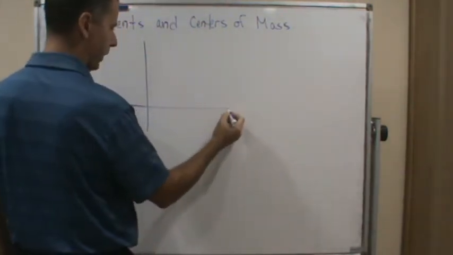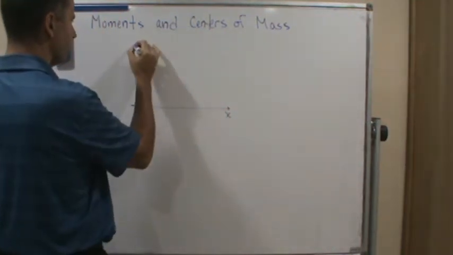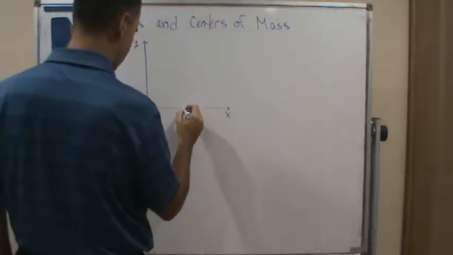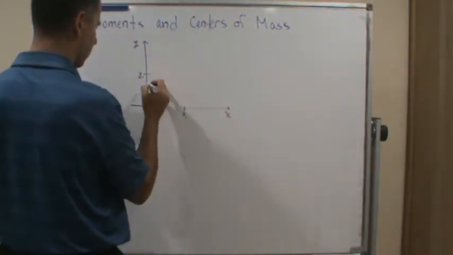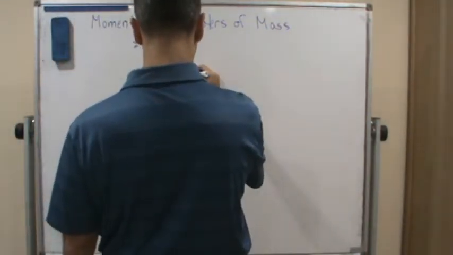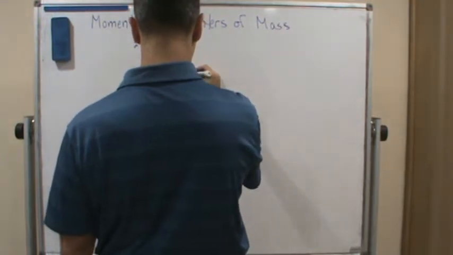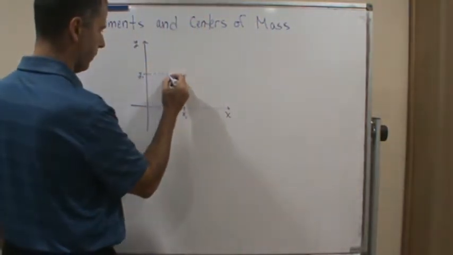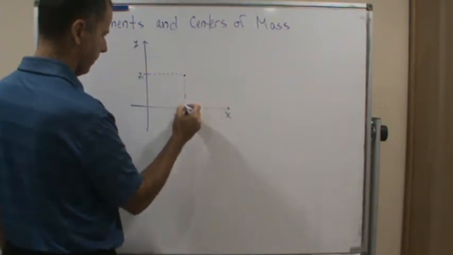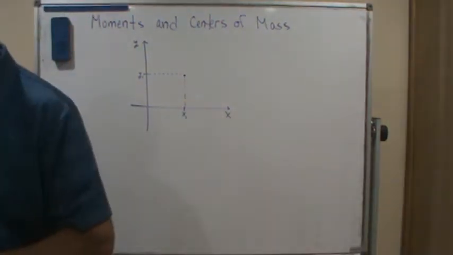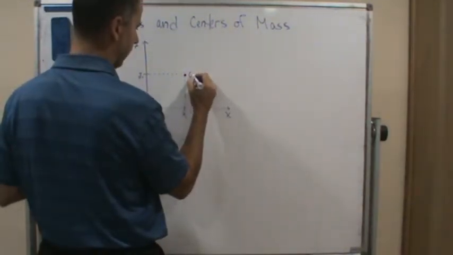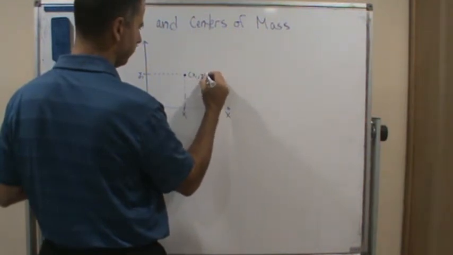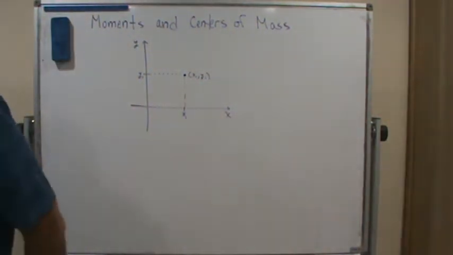Okay, so we have our x-axis, we have our y-axis, and let's say we have x sub 1, y sub 1, and let's say we have this situation here. So let's say this is a point mass located at x1, y1.